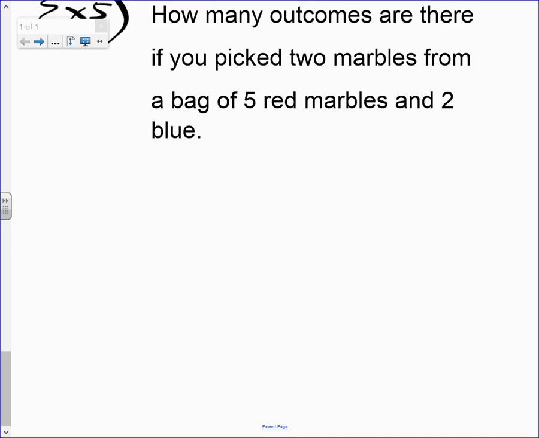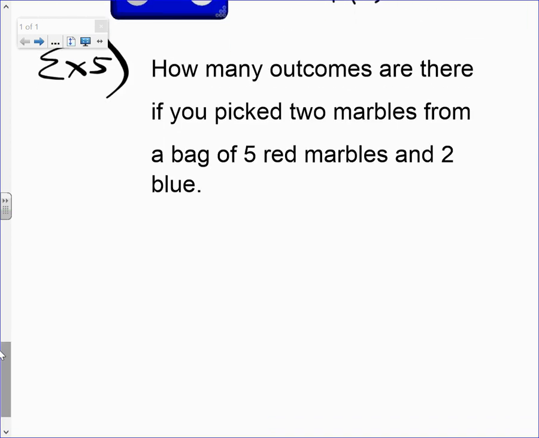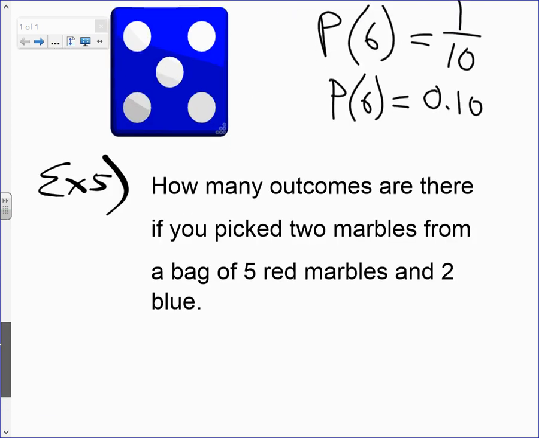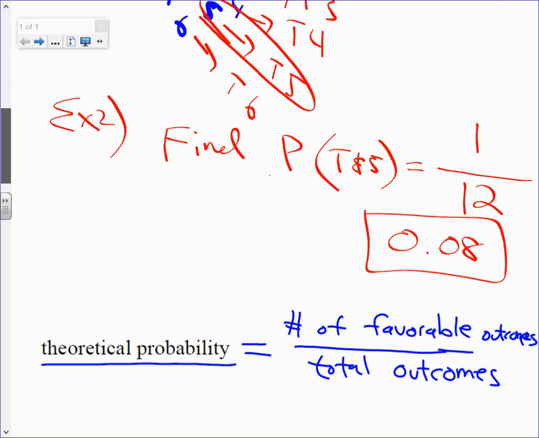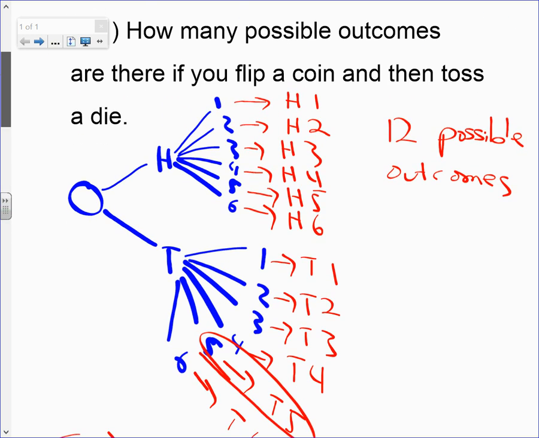All right, here we go. How many outcomes are there if you pick 2 marbles from a bag of 5 red marbles and 2 blue? So I'm not asking for probability. I'm just asking how many outcomes are there. On assignment 26, when they ask you how many outcomes, you're going to actually have to draw the sample space. You're going to have to draw a diagram of sorts, kind of like what I did up here with the flipping of the coin and rolling of the die on example 1.